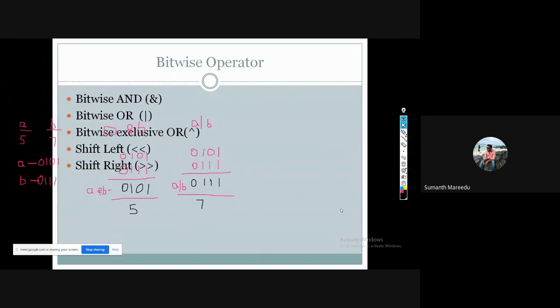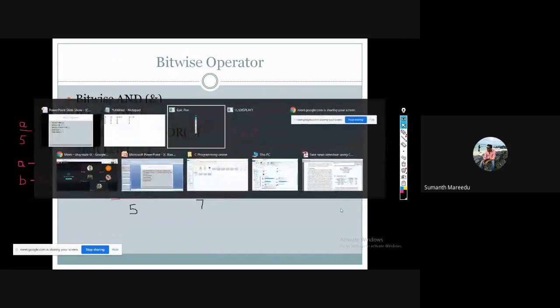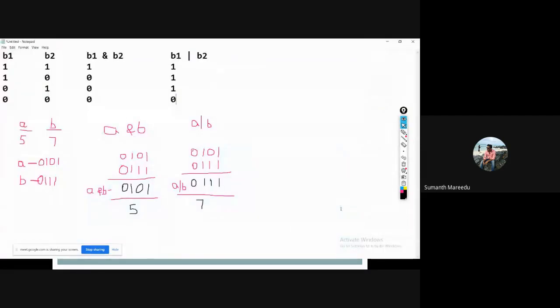In bitwise exclusive OR, we call it XOR or exclusive OR, anything is fine. Here also you will have the combinations B1 XOR B2.